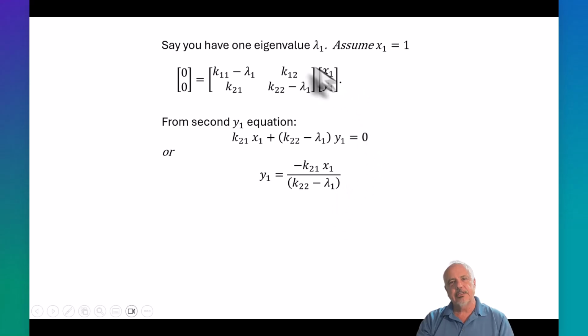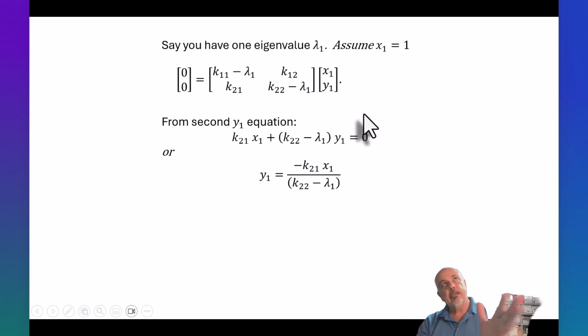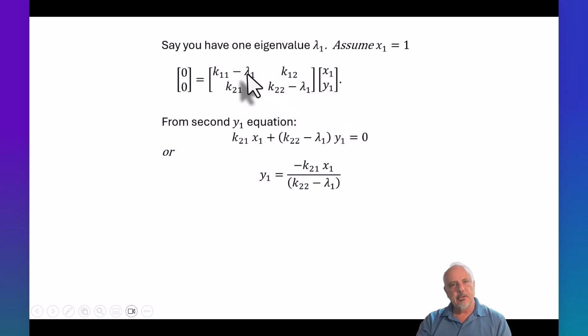And then once you have that lambda 1, how do you get the direction of the unit, the associated eigenvector? So here's what I do. Let's say I have lambda 1 is known, and I have the two equations here, but really the two equations are not independent.